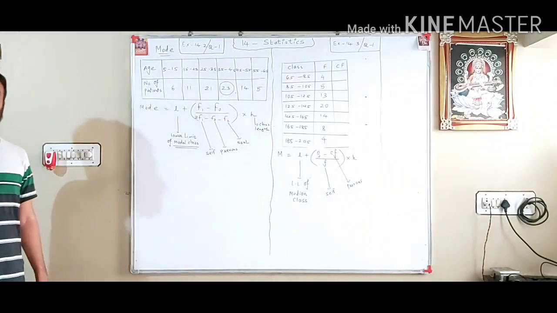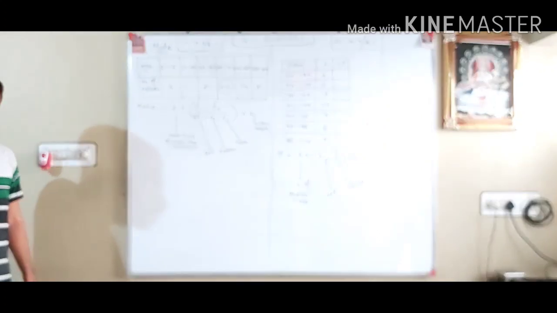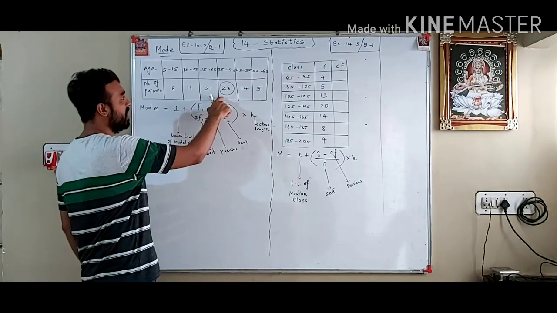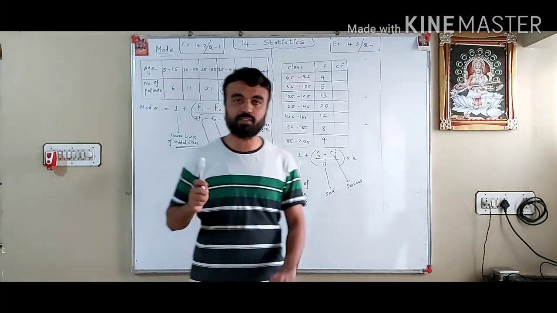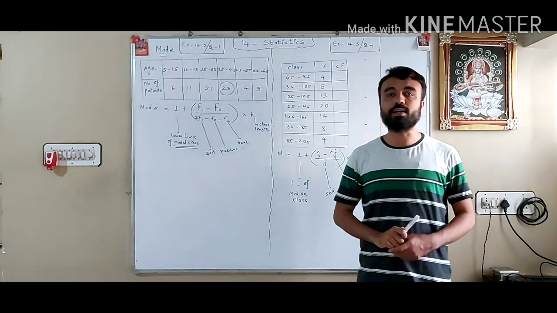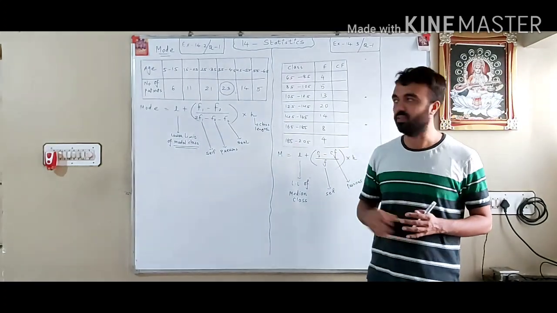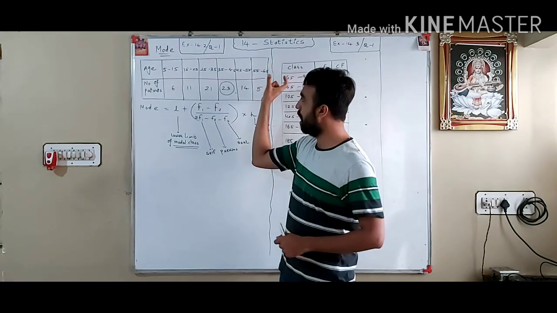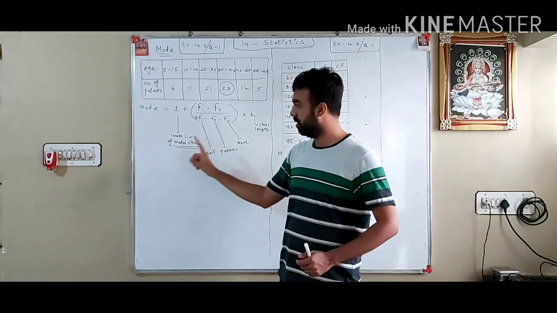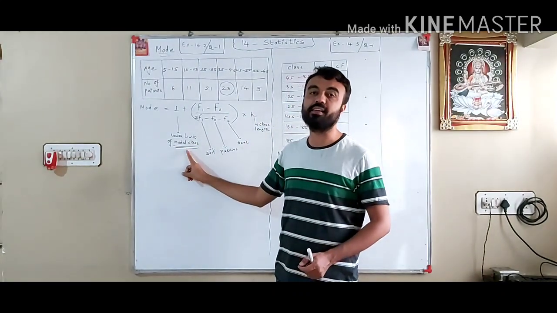This 23 belongs to which class? 35 to 45. So 35 to 45 is our model class, out of all the classes.